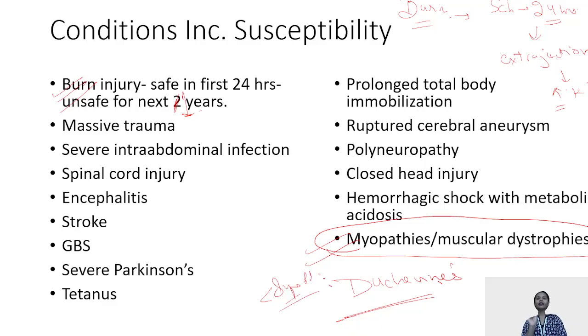If by any chance such a patient has an undiagnosed muscular dystrophy like Duchenne's, that will make the patient susceptible to hyperkalemia, eventually leading to cardiac arrhythmias and cardiac death. That is why scoline always has to be given very judiciously in the pediatric age group because of undiagnosed muscular dystrophies like Duchenne's.